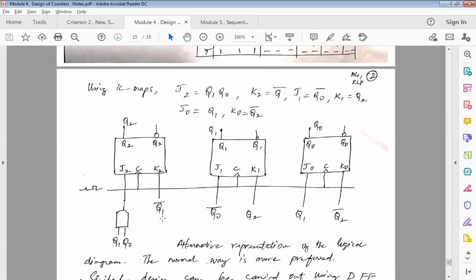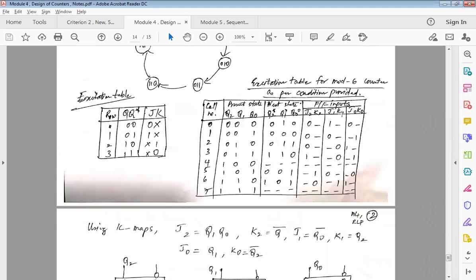Accordingly, you will be giving your clock for J and K. So this is going to be my flip-flop 0, 1, 2, because I have 0, 1, 2. Always keep in mind how many columns you have here; so many flip-flops you'll have.